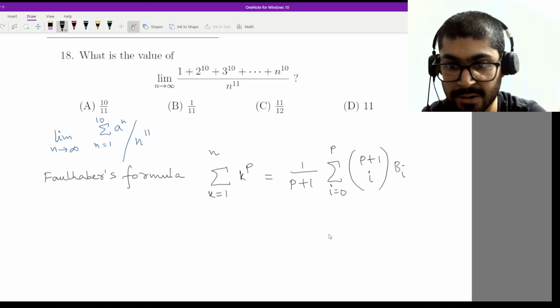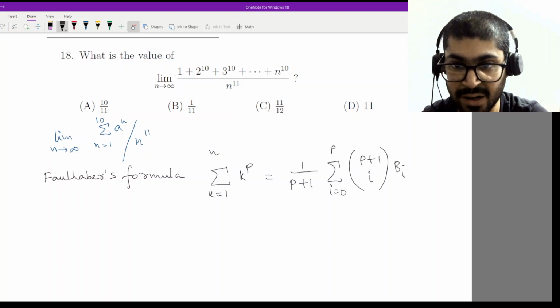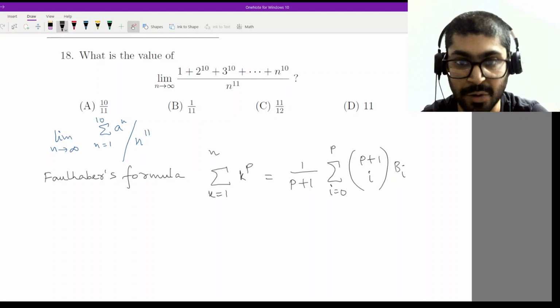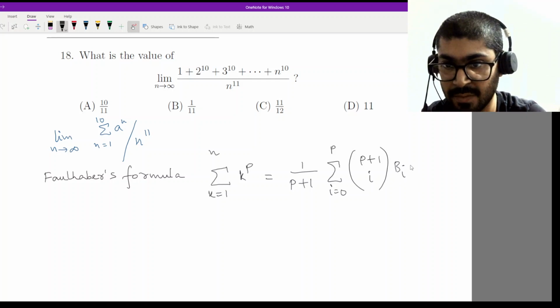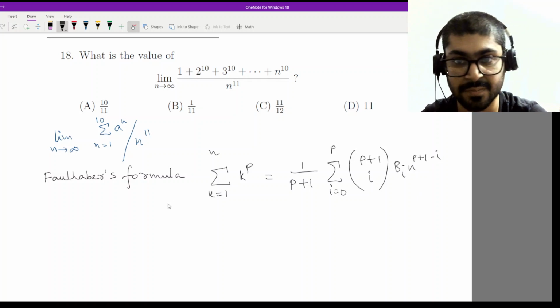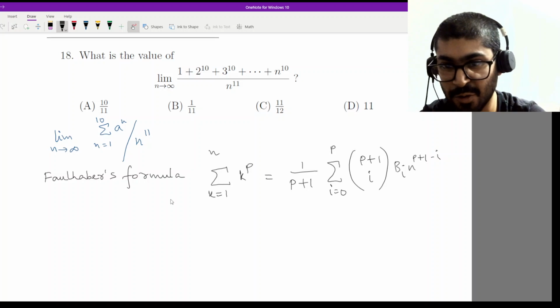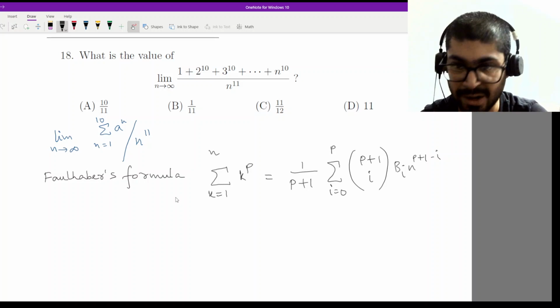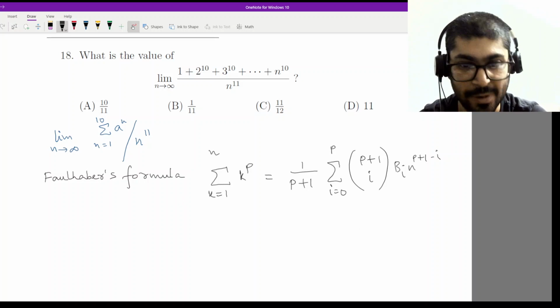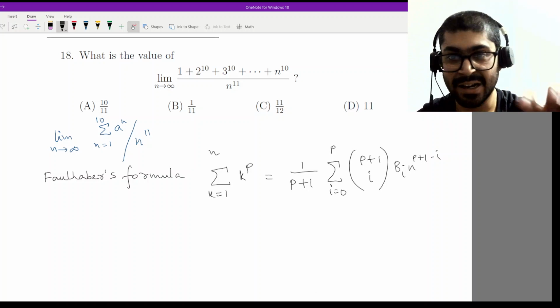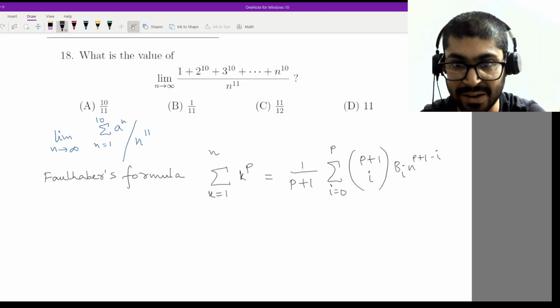Then b i, these are known as Bernoulli numbers. And then I have n to the power p plus 1 minus i. Now this might look a bit confusing, but if you expand it with the conditions that we have been given here, it will be quite easy.